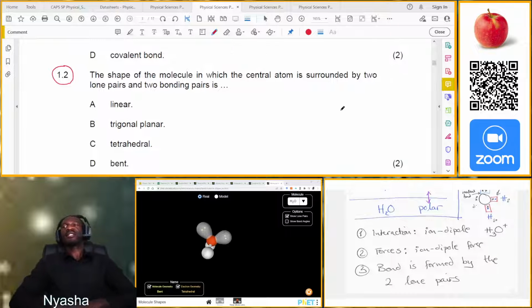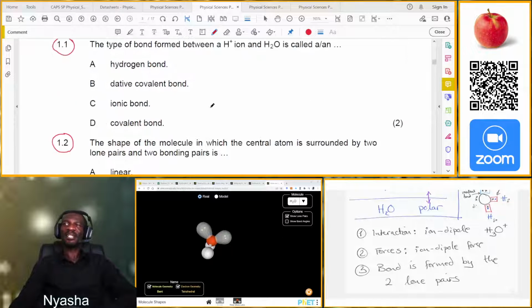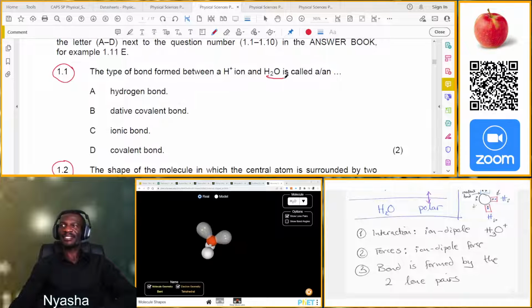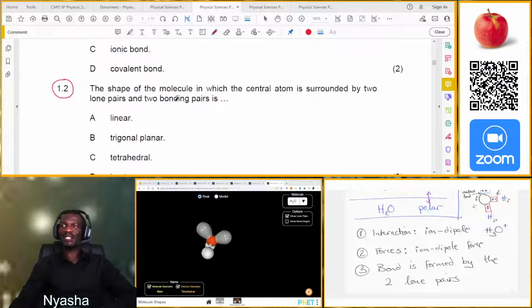The second question: the shape of the molecule in which the central atom is surrounded by two lone pairs and two bonding pairs. Do you remember what we drew? The water molecule that we used in this question is exactly what we are seeing here.